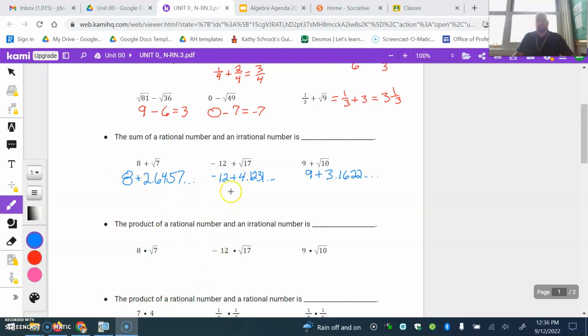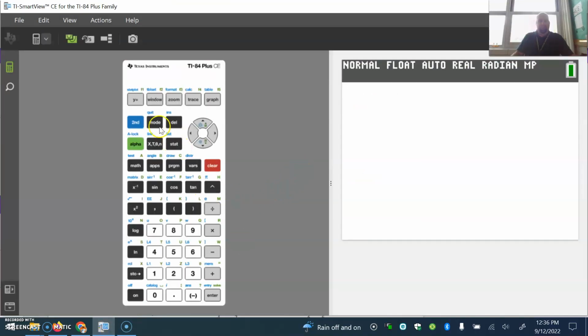I rewrote these problems and converted the imperfect or not perfect squares to their equivalent answer. Notice I put ... at the end of them. If you're wondering how I did this, I used my calculator. So I hit second, and then the x squared button. You'll see the little square root symbol above it.